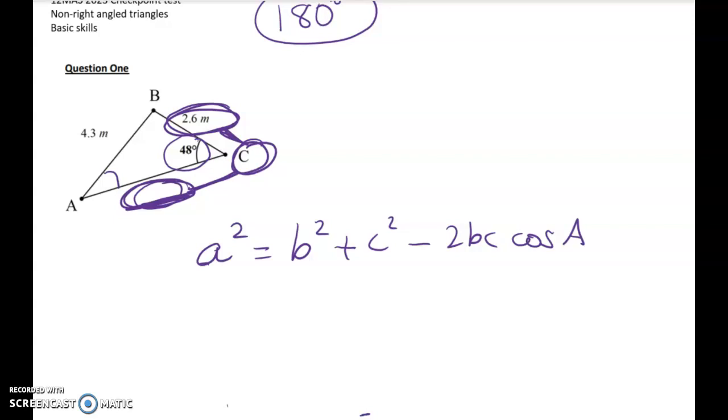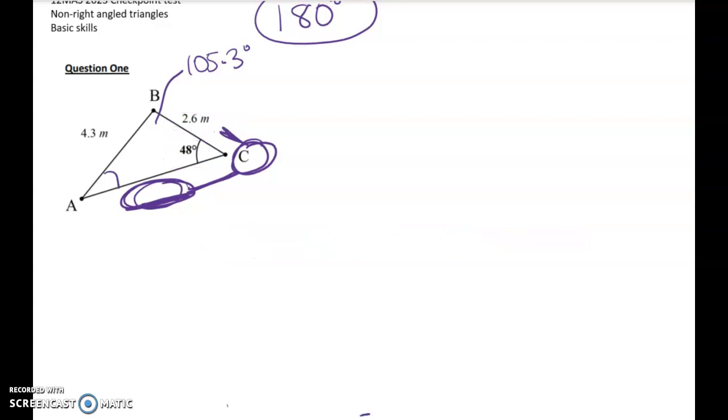That's what we're after. So we've got choices here with how we use the cosine rule now, because we know all of the angles. So the angle that we worked out in here was 105.3 degrees. Let's just take all this stuff off. Okay, so that means that we're good to go with the cosine rule.